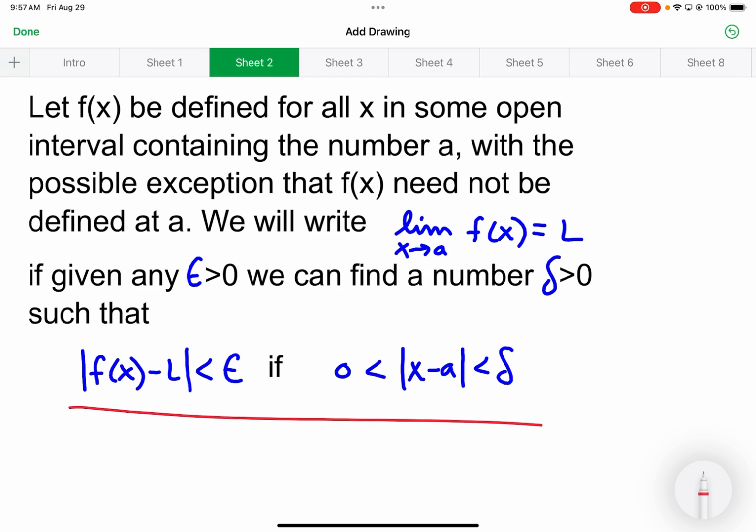All right, so that's what you guys have to have committed to memory. Let me show you how we do this with some examples.